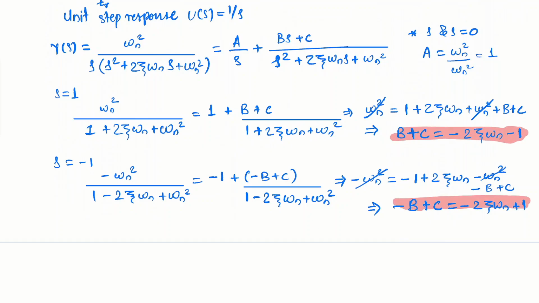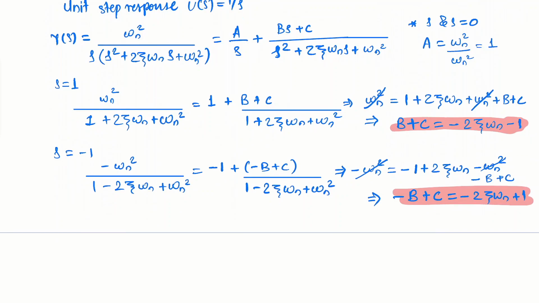So if we add the two expressions we have, this one and this one, if we add both of them, we get an expression for c, that is 2c is equal to, the plus 1 and minus 1 would get cancelled, 4 into zeta omega n. There is a minus sign there, which implies c is equal to minus 2 zeta omega n.